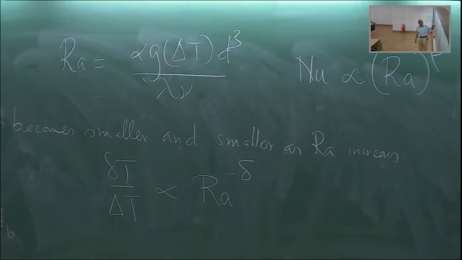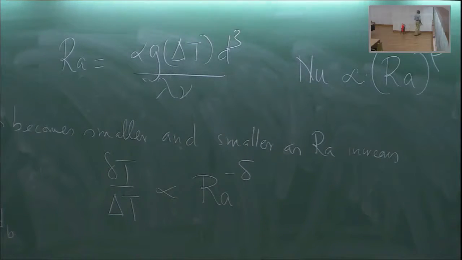Now the point is, what is the velocity going to be in the center of the cell? There is this convective motion taking place in the center of the cell. What is the RMS velocity expected to be? I want to know the RMS velocity at the center of the cell, so what kind of balance am I supposed to look at?